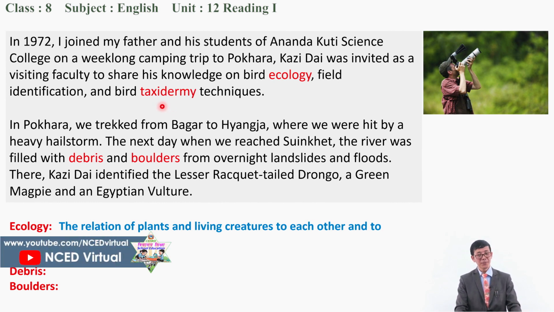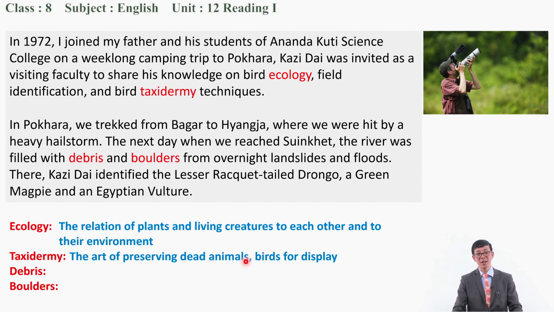This means the art of preserving dead animals, birds for display. You might have seen it in the museum as well, right? So the art of preserving dead animals and birds for display is what we call taxidermy. Dead birds, animals, fish, their skeleton is kept over there. That is what we call taxidermy.